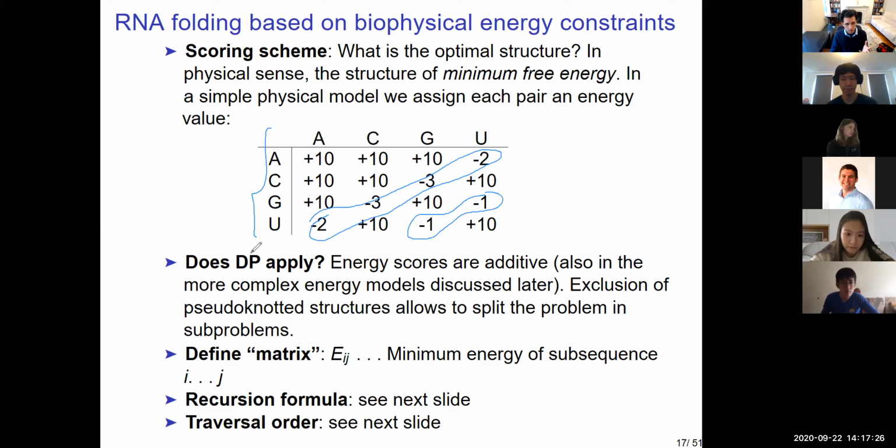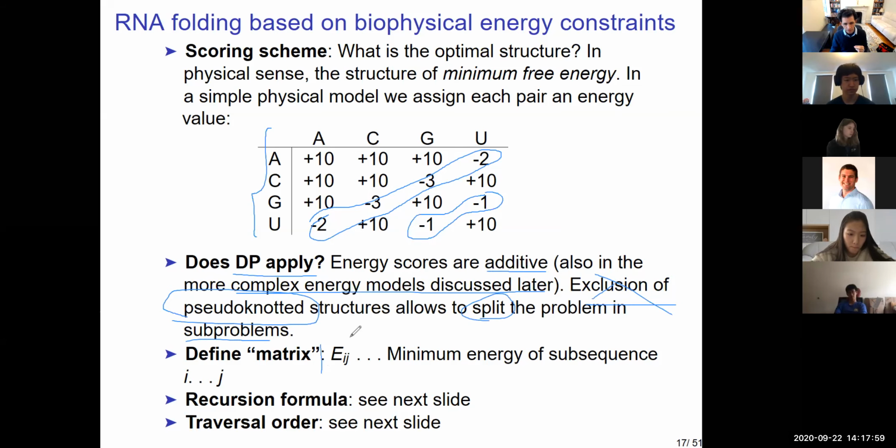So the question is, does dynamic programming apply? And the answer is that the energy scores are themselves additive. And this is also the case with more complex energy models that deal with stacking of RNA bases. So excluding pseudoknots, which is what I described earlier about the end of the loop pairing with the other end of the loop that would create the split, by excluding pseudoknots, we can basically split the problem into subproblems.